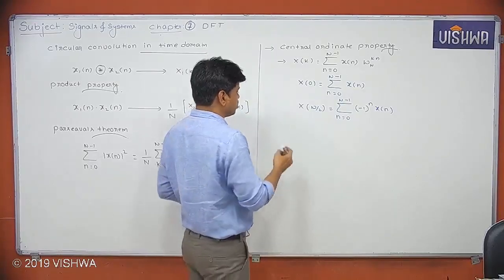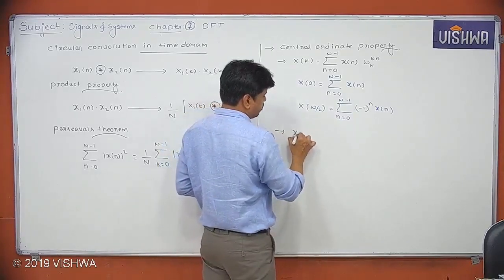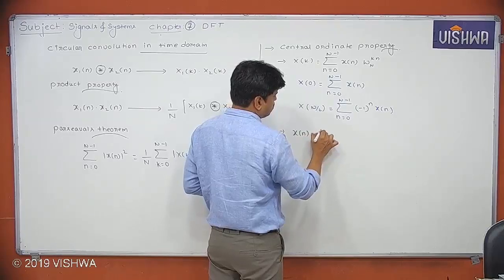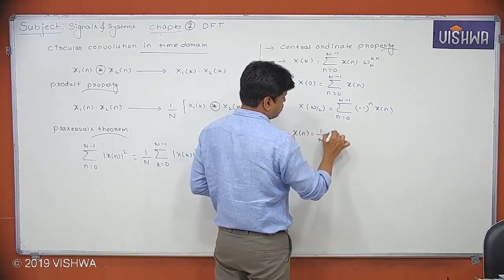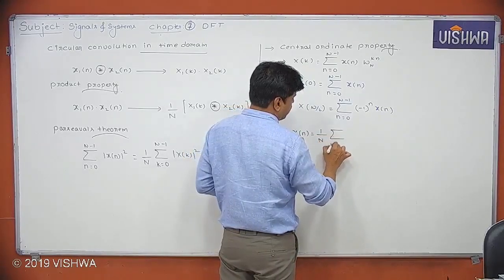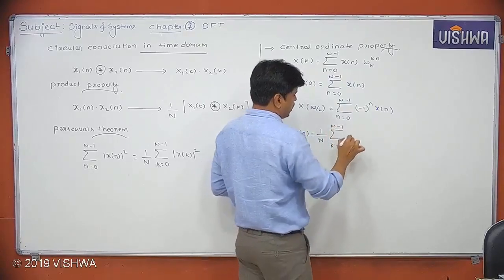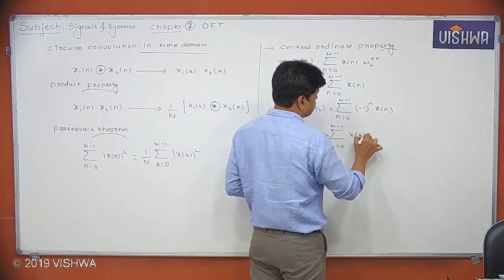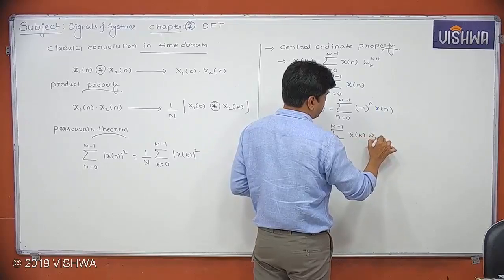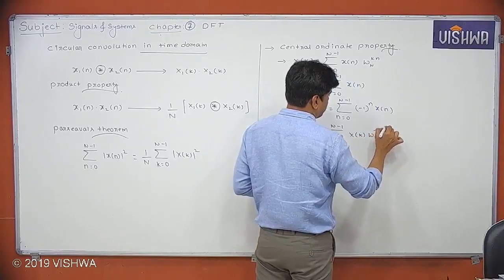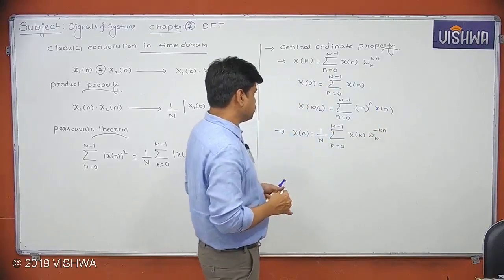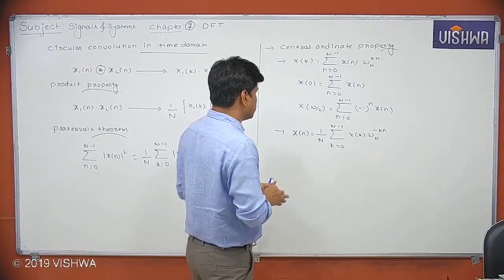Similar to this, suppose x of n, if I write 1 by N summation k is equal to 0 to N minus 1 X of k W_N power minus kn. So here also the same property.